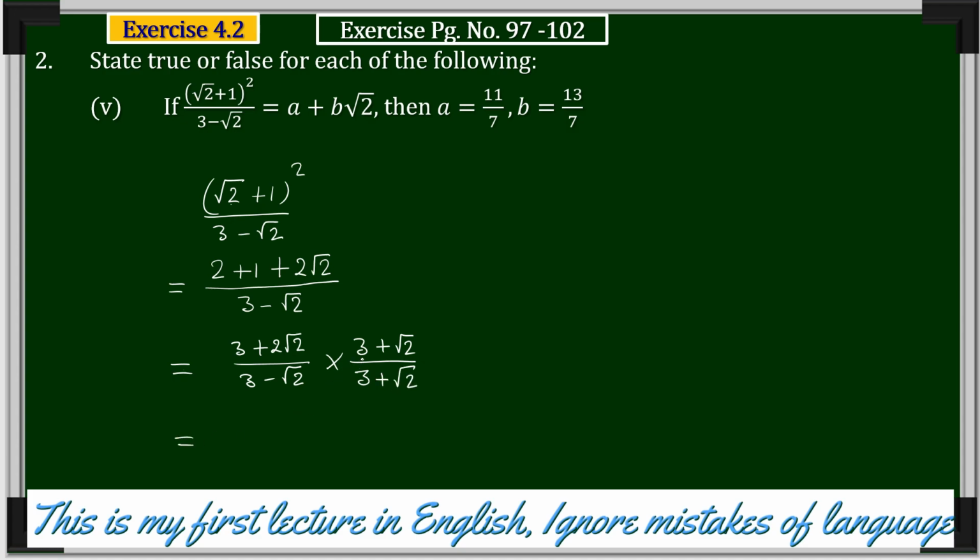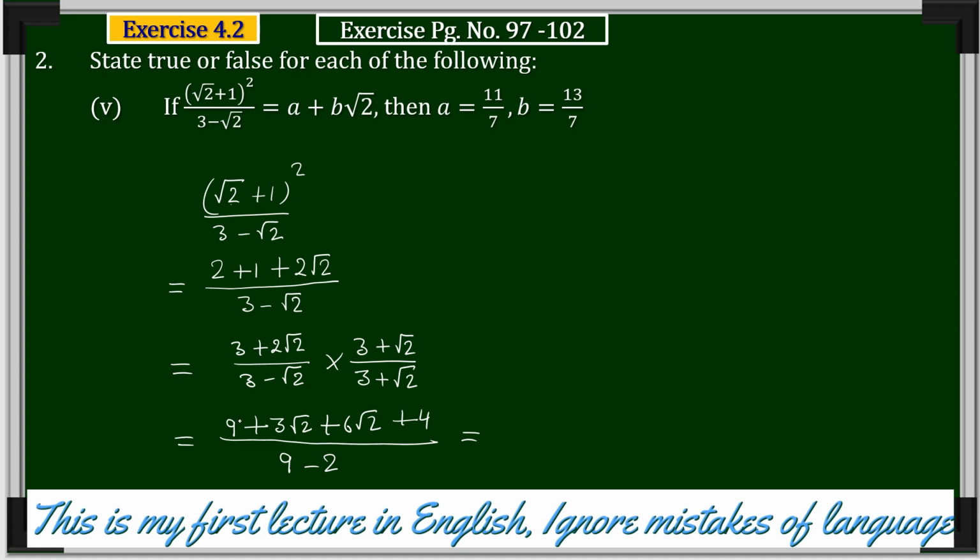Now multiply: 3 into 3 is 9, 3 into root 2 is 3 root 2, 2 root 2 into 3 is 6 root 2, 2 root 2 and root 2 is 4. In the denominator, square of 3 is 9, square of root 2 is 2.